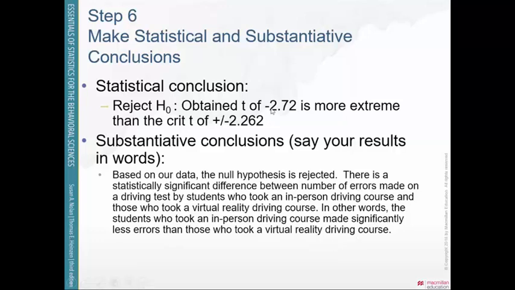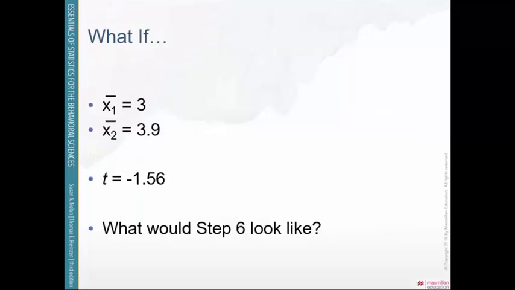So actually, in this case, a negative t-score is a good thing. You want to have less errors. So it really matters what the problem is that you're working on. If you're talking about errors, you would like a negative score because you want to be below average on errors. If we're talking about score on your statistics final, you want a positive t-score. You want to be above the mean.